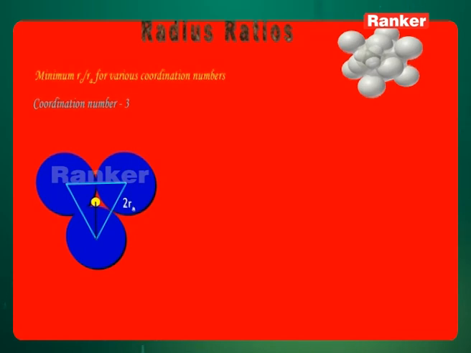The yellow color is the radius of cation, and blue color is the radius of anion. Now, this black line drawn from the center of the yellow sphere to the center of the blue sphere is the sum of the radius of cation and anion. If you take the center of the cation as O, and the center of the anion as A, then the length is OA, and this is OB.